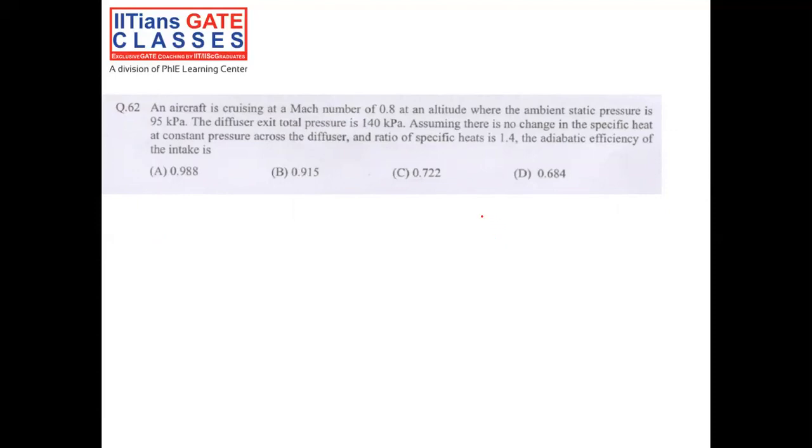Okay, so if we draw a TS diagram of flow in the diffuser, this is the ambient condition. This is the entry of the diffuser.